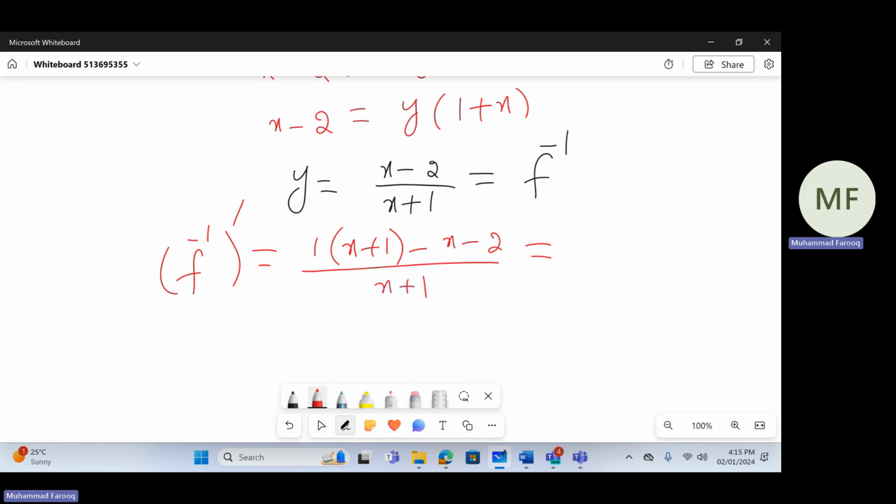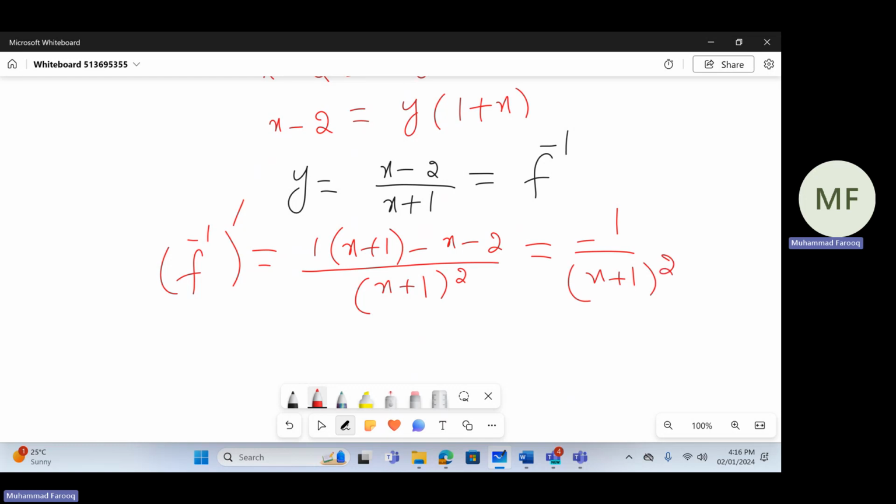Simplify this. So this is x plus 1 minus x minus 2. I think I get minus 1, right? That's supposed to be x plus 1 squared, right? Yes, in the denominator. So I get minus 1 by x plus 1 squared. Am I right or no?